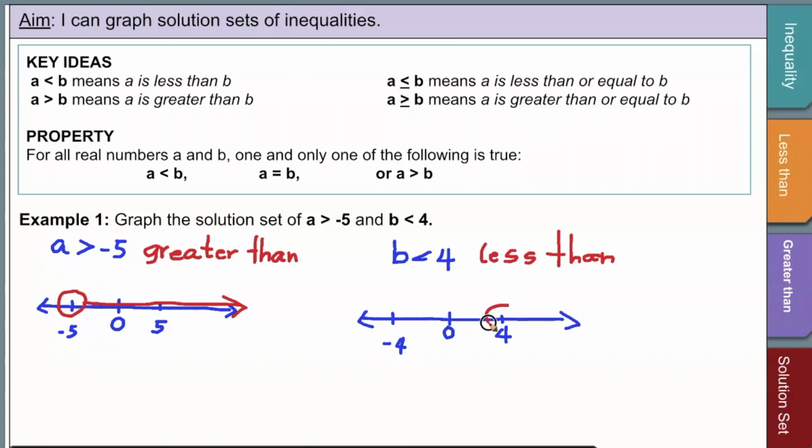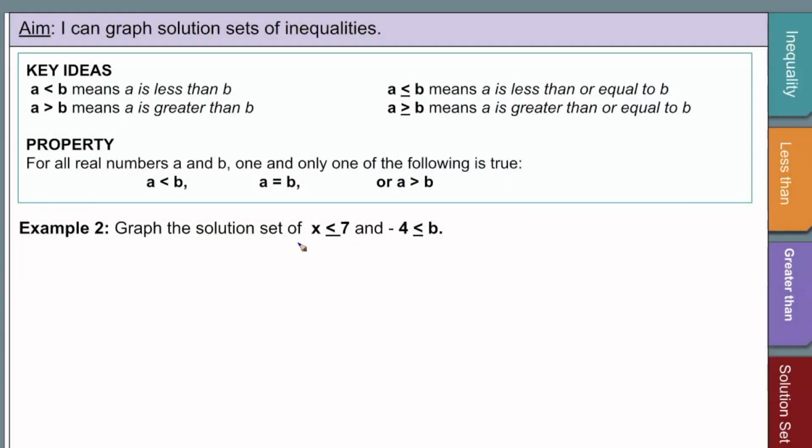Let's draw an open circle above the coordinate 4 and draw an arrow to the left of 4 because it's less than. So the solution set of b less than 4 is an infinite set of all numbers less than 4.